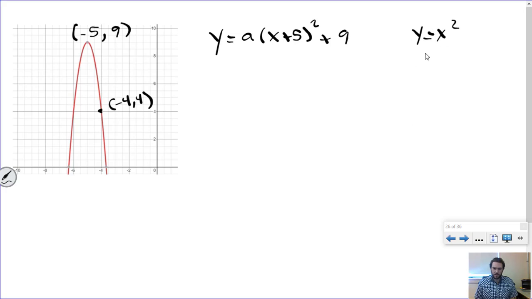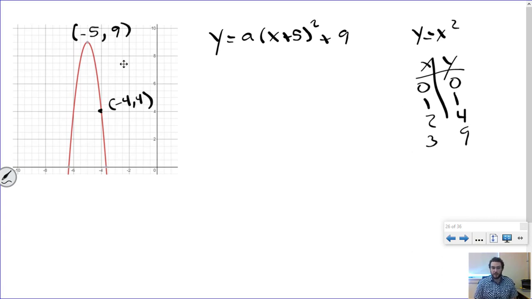For that function to move 1 unit over from my vertex, originally at 0, 0, we would move 1 unit up, because if we take the number 1 and square it, we get 1. To move 2 units over, we'd move up 4, because 2 squared is 4, 3 units is 9, and so on and so forth.